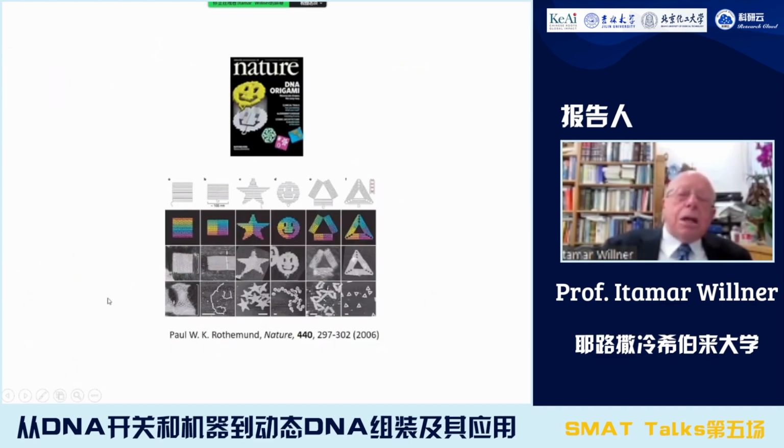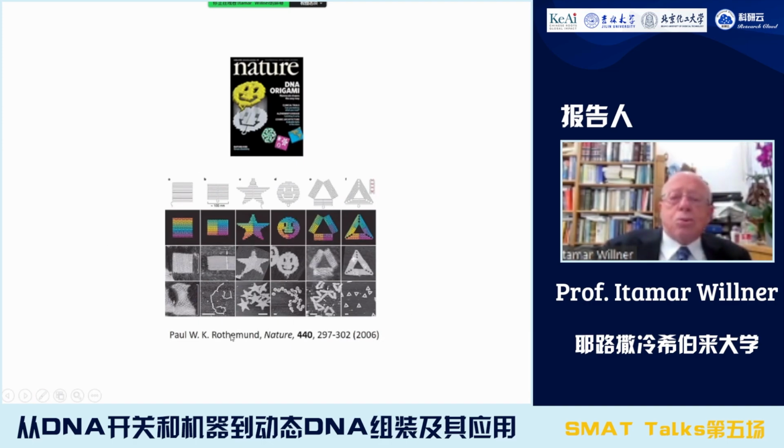But I think that the nicer machines, and the nicer perspectives that exist in the field, use origami objects as a potential element to generate such mechanical machines of DNA.